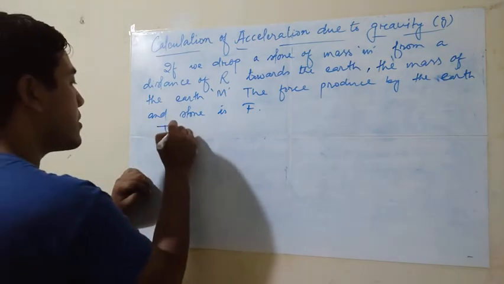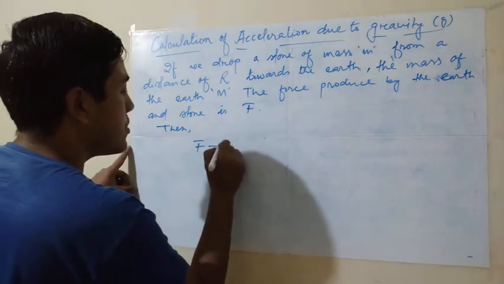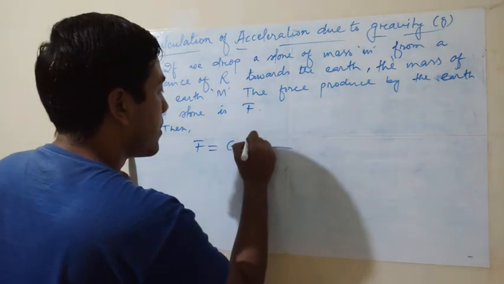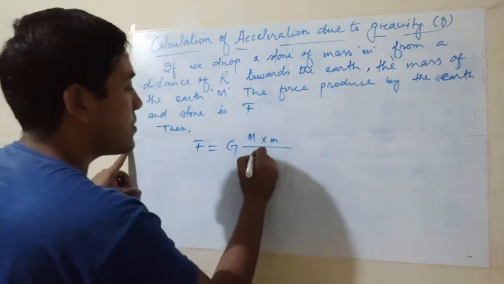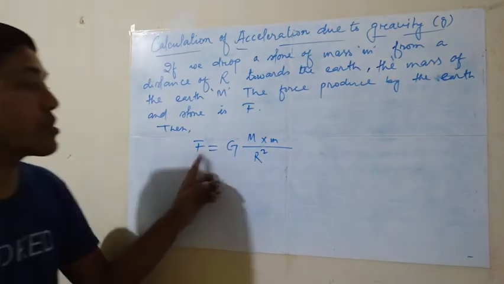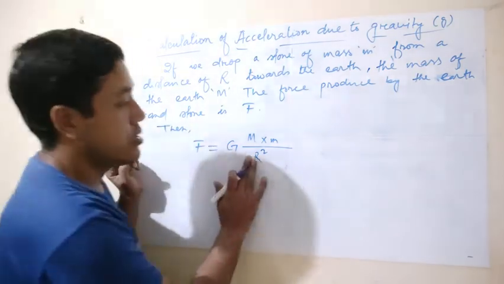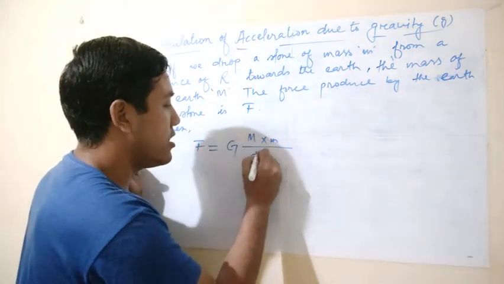Then F is equal to G M m by R square. Why? Look here, this force is equal to G M m by R square. Why R? You can write here d square.